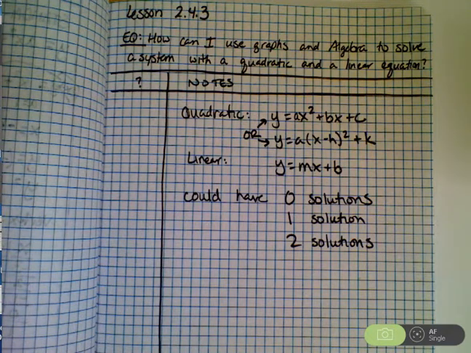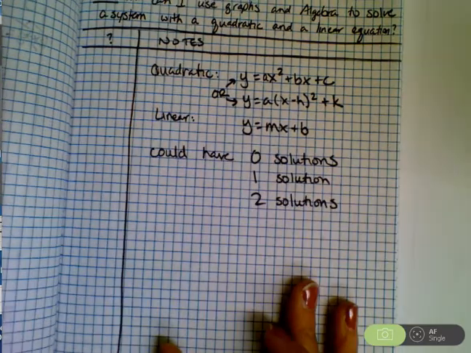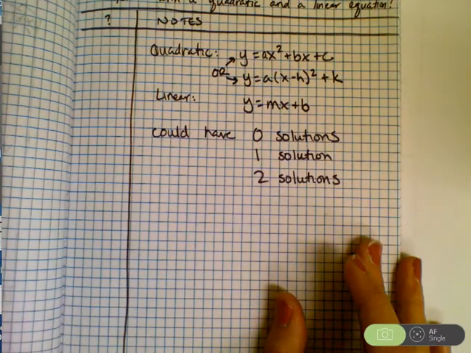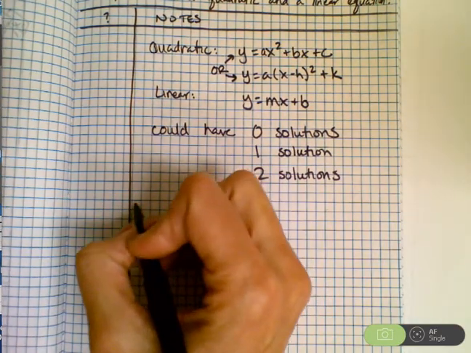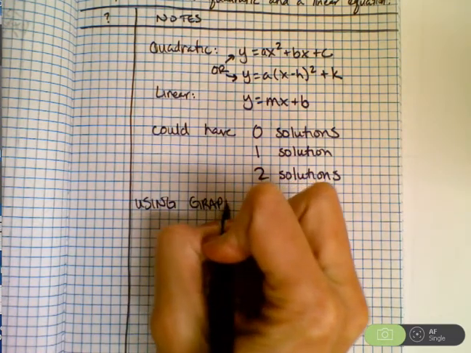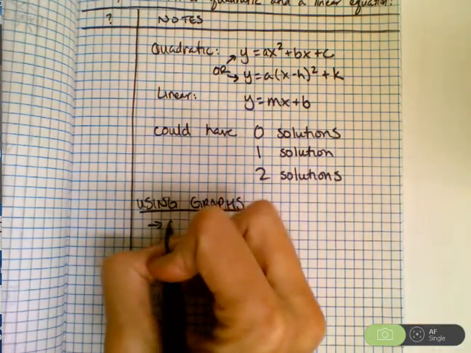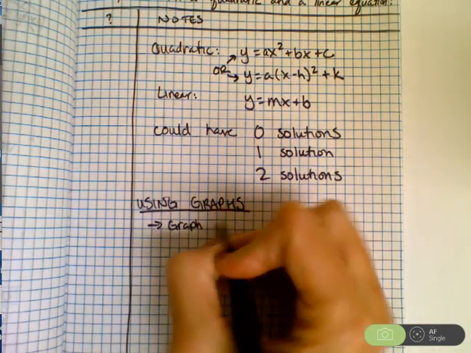So bringing us back then to the idea of how we solve these. We're going to look at using graphs first. The big idea when we're using graphs is that first we have to graph both lines or functions.